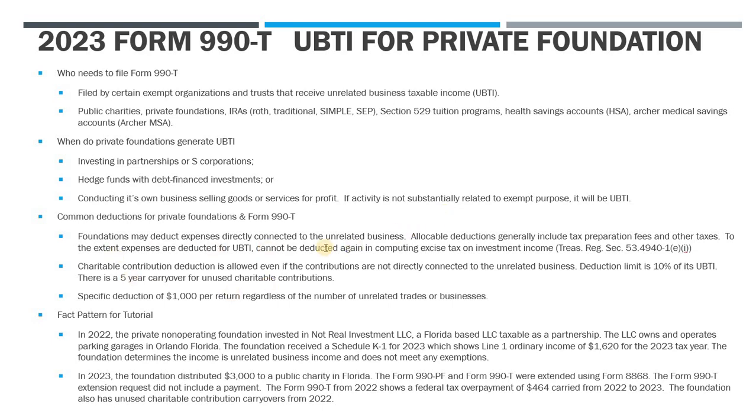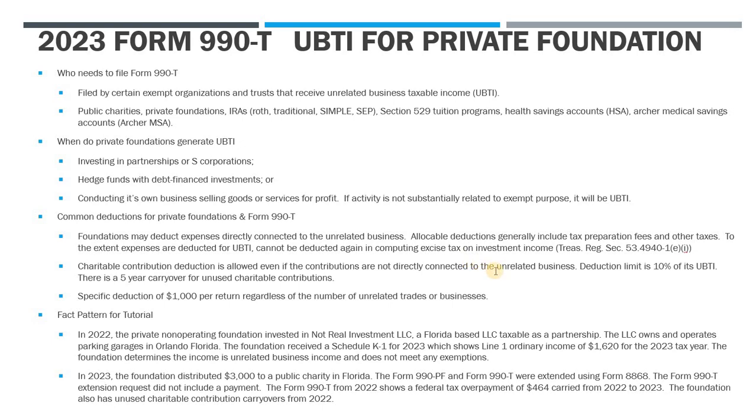All right. Now, some reporting basics and some common deductions here. When we look at the 990-T, you'll see that you are able to deduct expenses that are directly connected to that unrelated business. And in some cases, you can allocate indirect expenses to that activity as well.